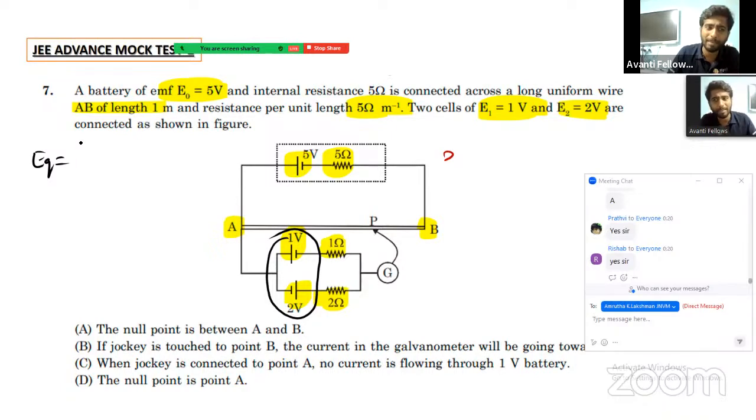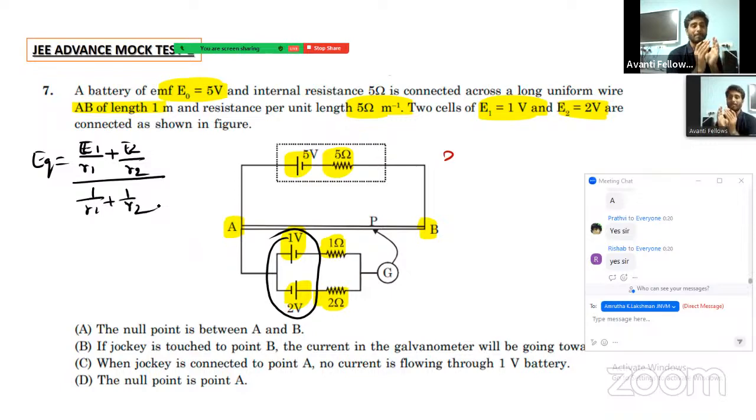So what we can write here, parallel combination के लिए, E1 by R1 plus E2 by R2 divided by 1 by R1 plus 1 by R2.